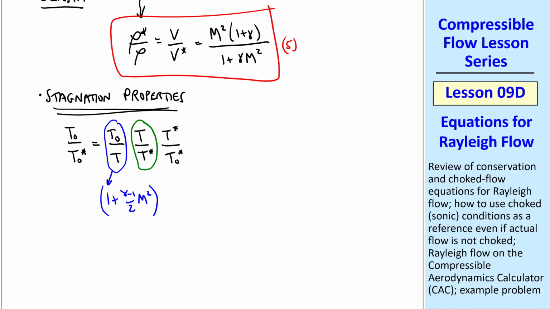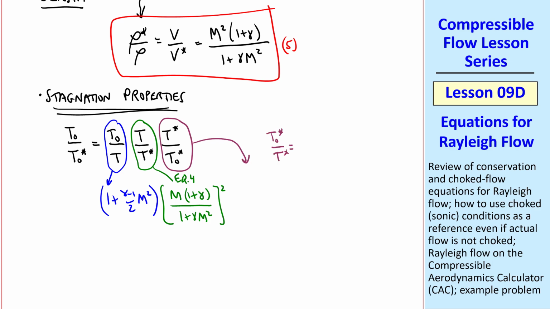T over T star comes from equation 4, and T star over T naught star again comes from our isentropic relations, where the reciprocal is 1 plus (gamma minus 1) over 2 times the Mach number, which is 1 squared, and this reduces to (gamma plus 1) over 2, so the reciprocal here is 2 over (gamma plus 1).